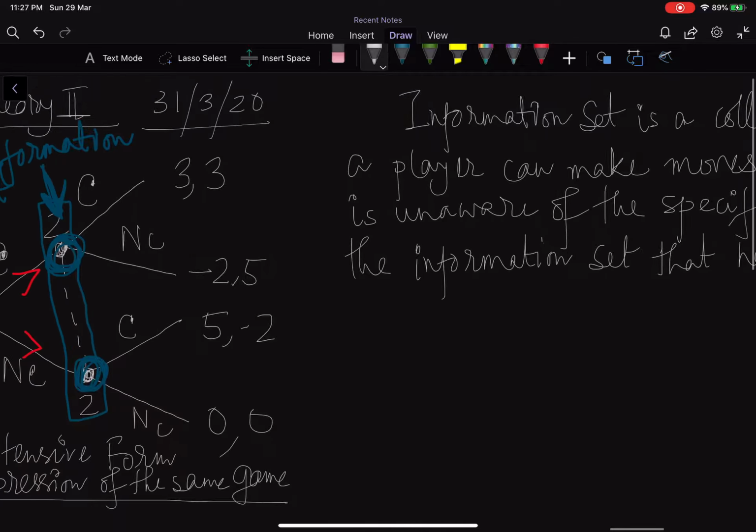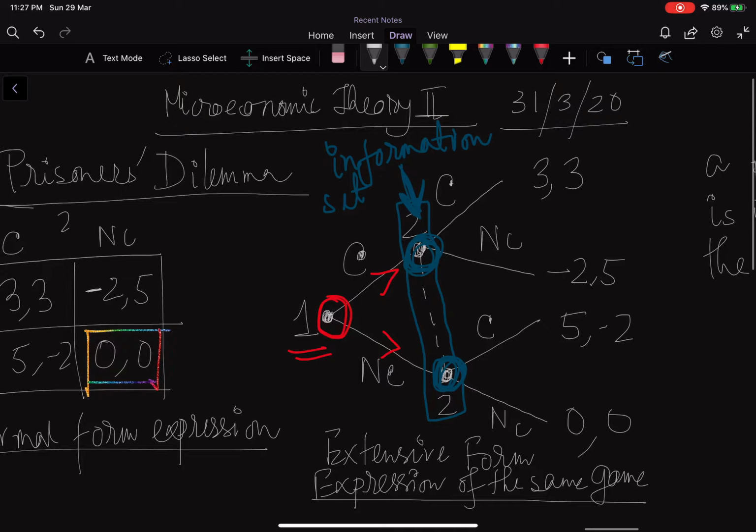So for example, let me go back to this extensive form Prisoner's Dilemma game. Player 1 knows that player 1 is sitting in this node. So player 1's information set is just this node. Player 2's information set is this set of two nodes.